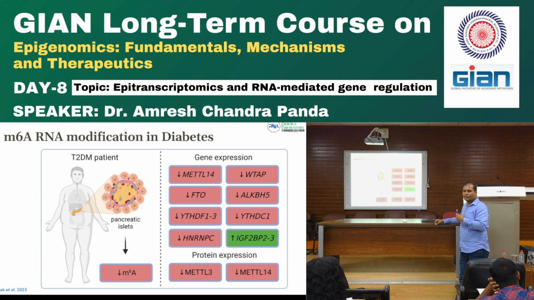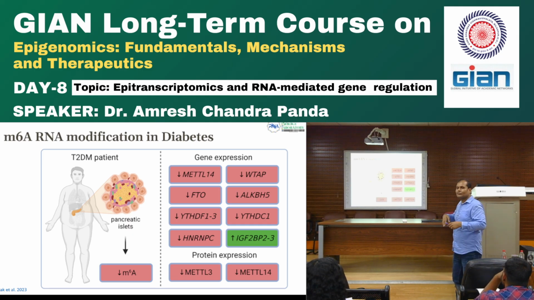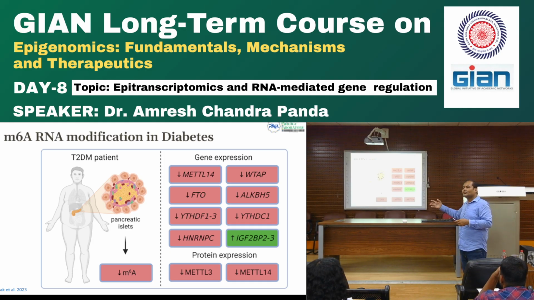The physiology, everything comes into play. And if you want to change the modification, you need to know what kind of modification, which genes are modified, and how much you need to modulate that. Based on that, you can have a therapeutic application.